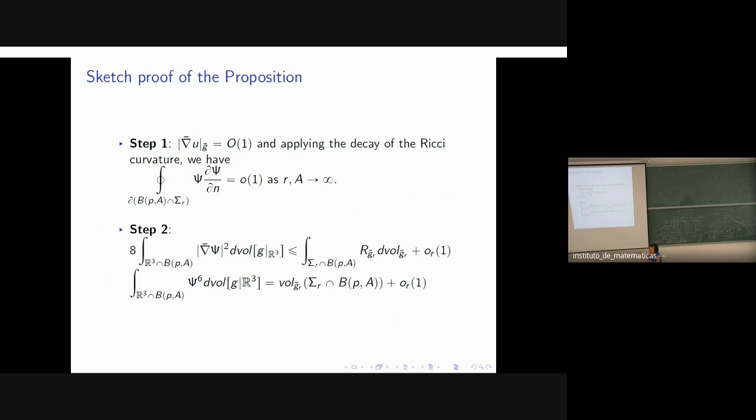This energy works on this gamma R, this slice, a hypersurface, and we want to compute that. And this gradient psi squared is R times psi to the 6th power, integration of psi to the 6th power.